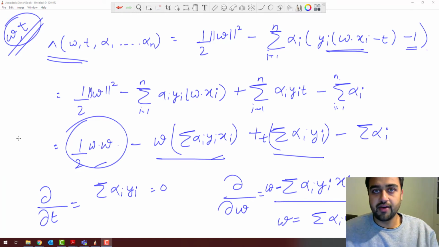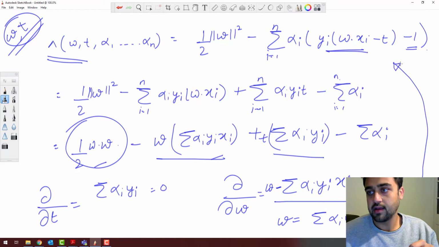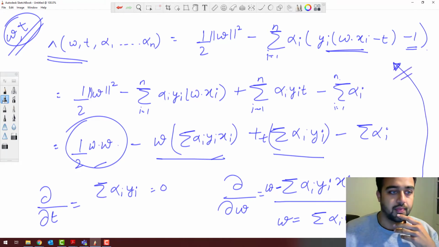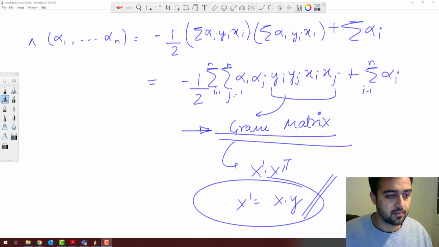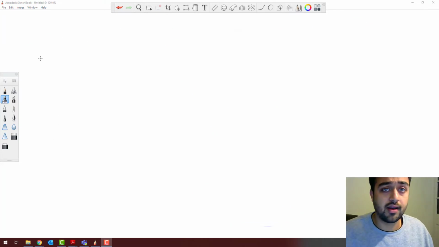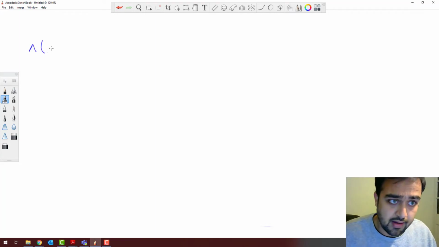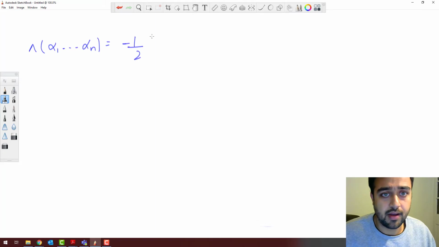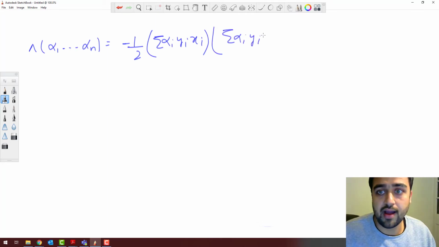So now we have found our w. Now replace this value of w back here. So replacing the value of w back into our Lagrangian, we get alpha 1 till alpha n is equal to minus half sigma alpha i yi xi sigma alpha i yi xi plus sigma alpha i, right?